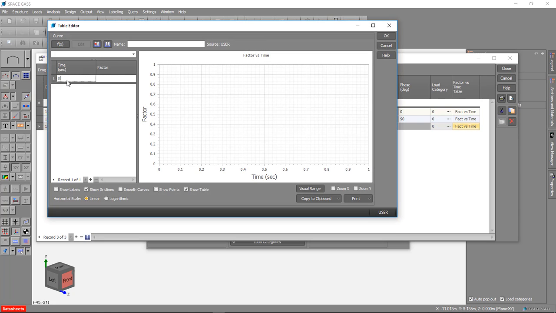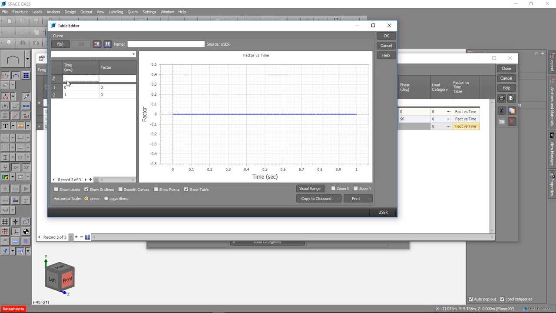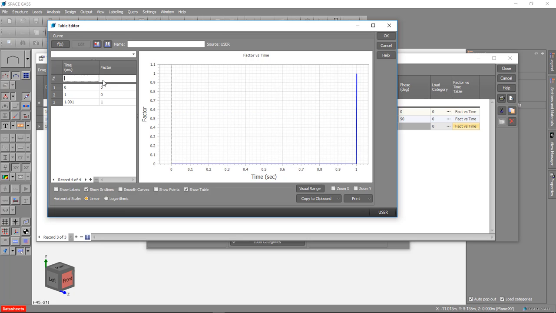So let's say at time 0 we've got no load, and then 1 second in we've also got no load, but we start, well, let's say we apply the load at 1 second, hold it for, let's say, 5 seconds, so at the 6 second mark the load is still applied, and then straight after that we take the load off.